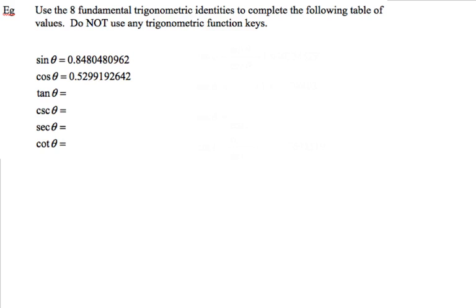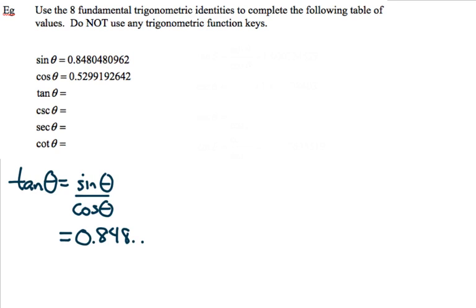Well, one of the first ones in that list is finding tangent. And we know that tangent theta equals sine theta over cos theta. Sine theta, 0.848, and so on.